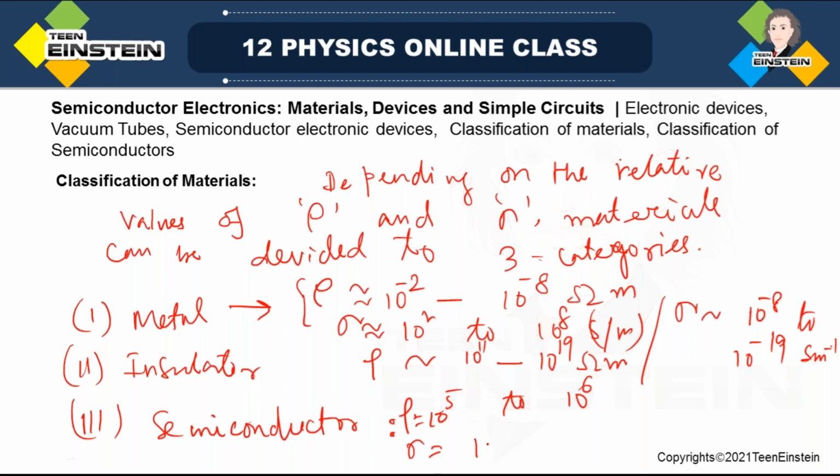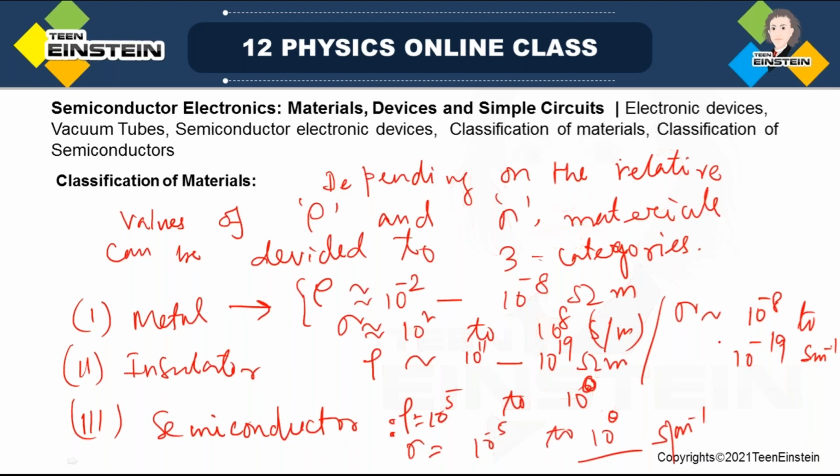Sigma for semiconductor is 10 to the power minus 5 to 10 to the power 0 Siemens per meter.